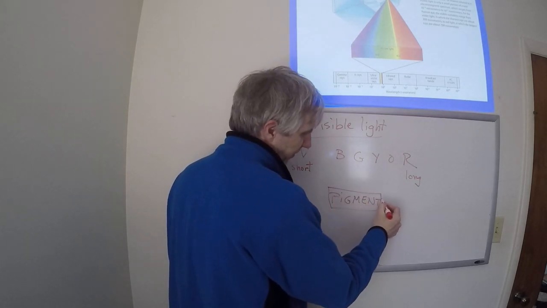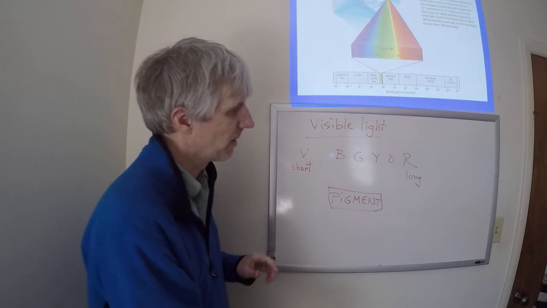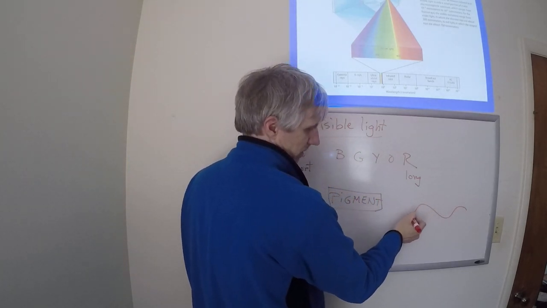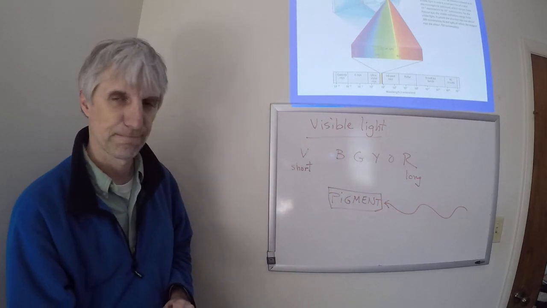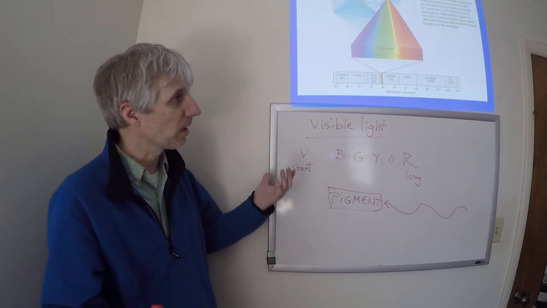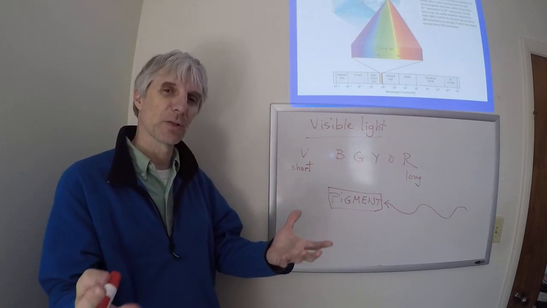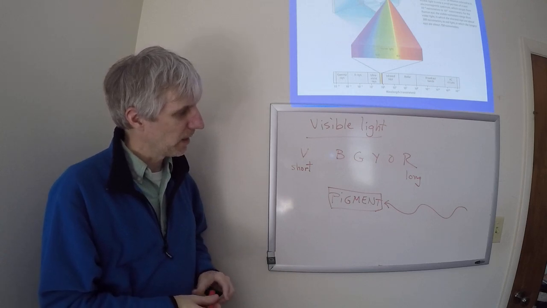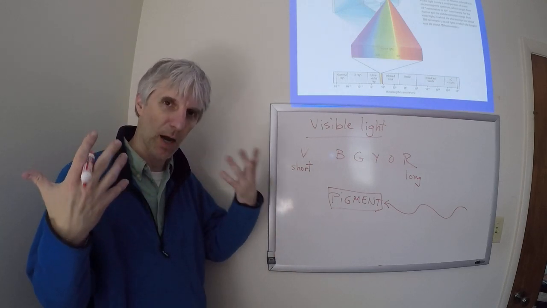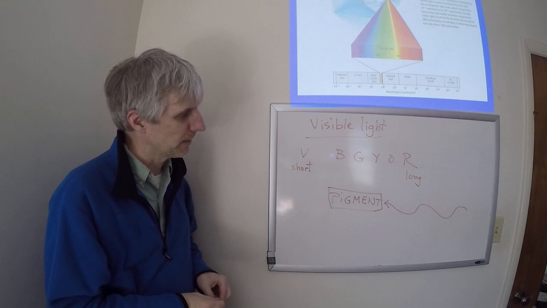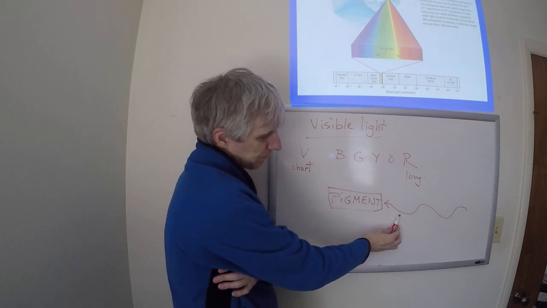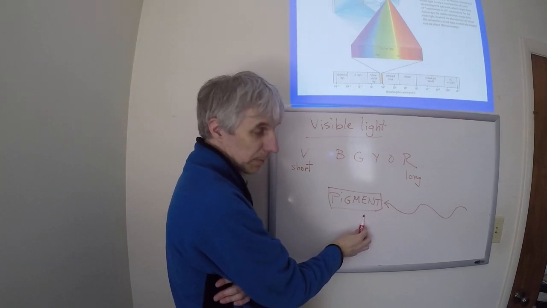So if I have my pigment molecule here and I hit it with some light, let's hit it with visible light, because then we can talk about the colors, because we're all very familiar with light because our eyes are designed to see that light. So the light hits the pigment molecule.